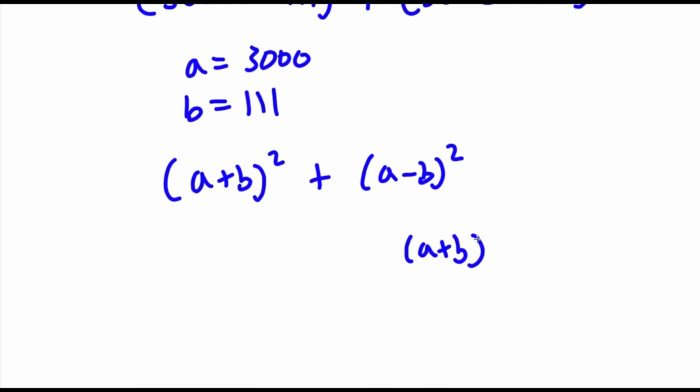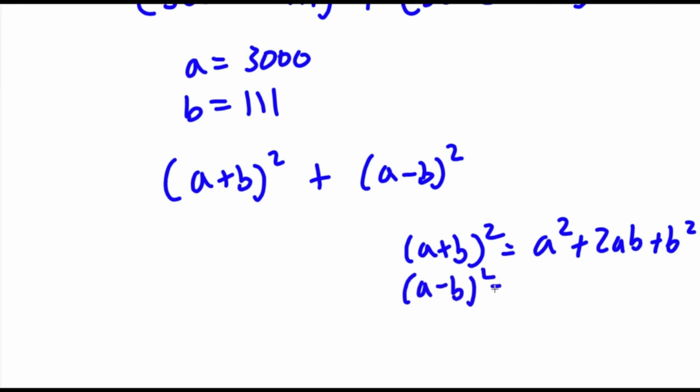Now, (a plus b) squared is equal to a squared plus 2ab plus b squared, and (a minus b) squared is equal to a squared minus 2ab plus b squared.